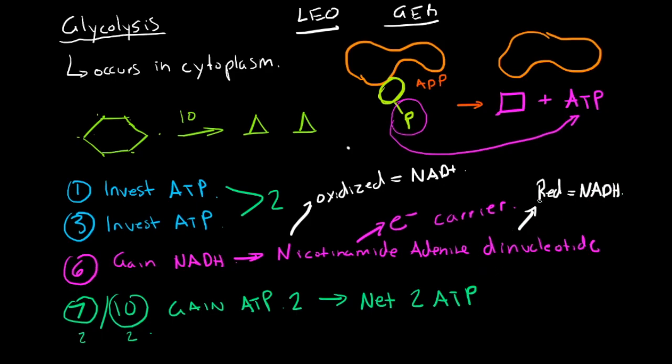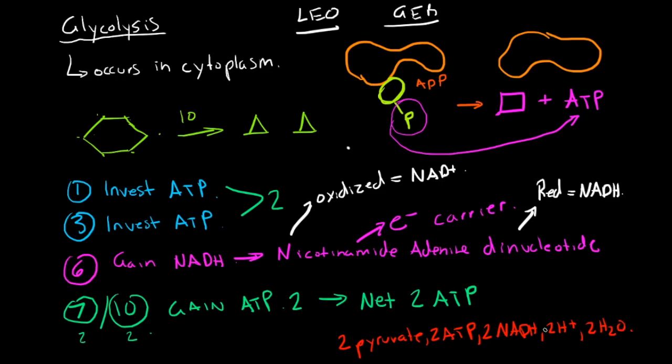So our net gain from one glucose molecule entering glycolysis, I'll do this in red down here, is 2 pyruvate molecules, 2 ATPs, 2 NADH, 2 hydrogens, and 2 H2Os.